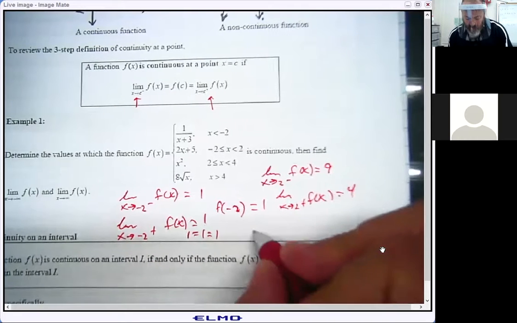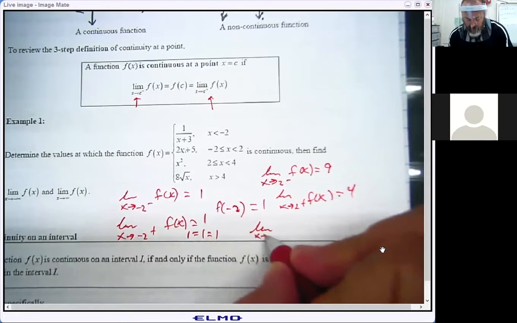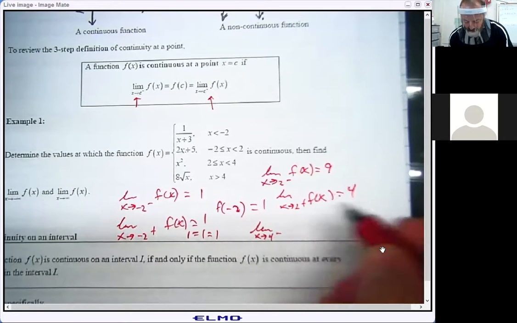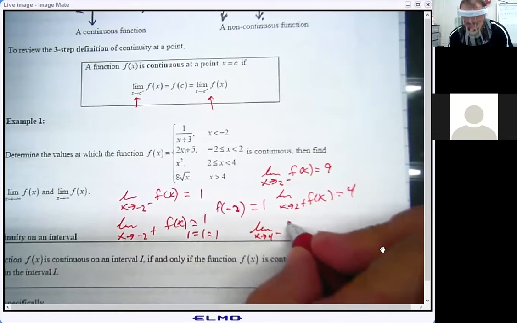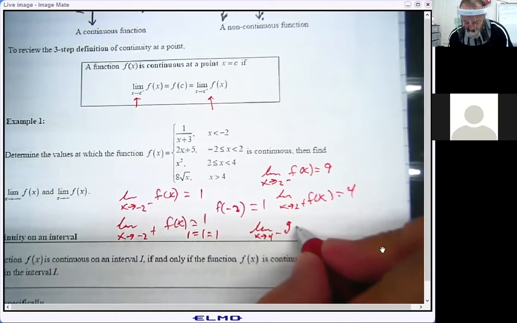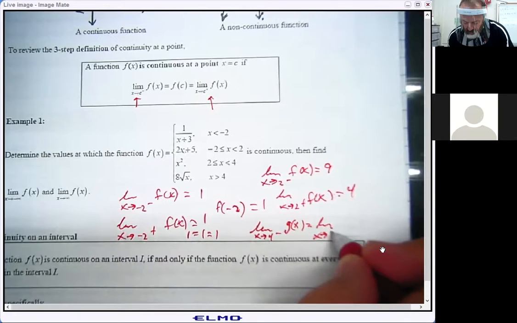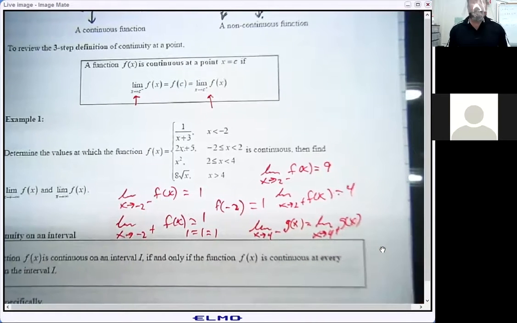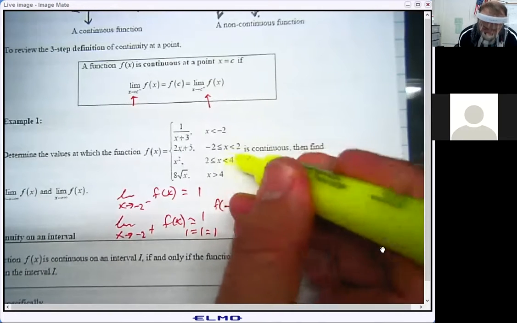So we would be able to polish that up and say the limit as I approach 4 from the left, oh, that was mean, is the limit as I approach 4 from the right. So is it continuous? Read carefully.